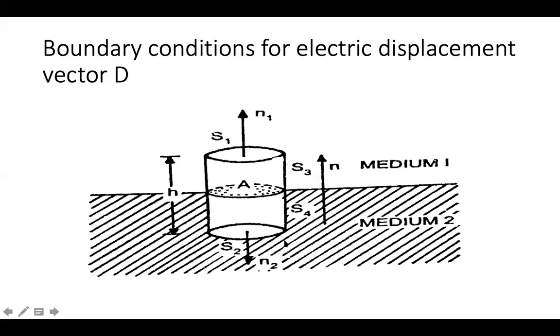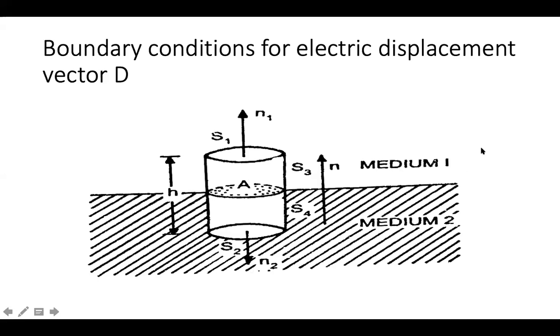So this surface is split in half, whereas the cross-section area of this surface is capital A. The height of this box is small h, and n is directed like this. N1 is towards this side and N2 is towards this side.